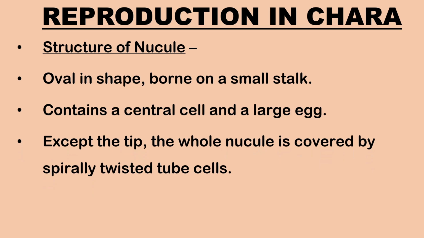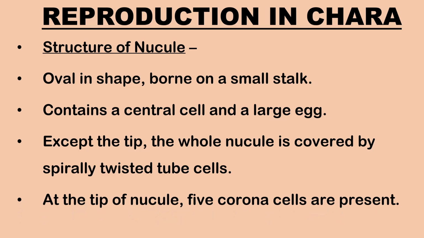The whole structure, except the tip, is covered by spirally twisted tube cells, which are 5 in number. At the tip of the nucule, a group of 5 cells called corona cells are present.